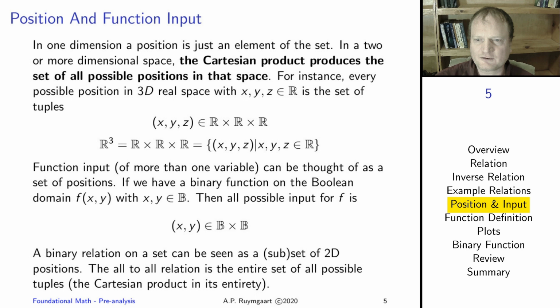For example, a two-dimensional or binary function on the Boolean domain, a function with two inputs, takes as input the set of ordered pairs that are elements of the Cartesian product of the Boolean domain. So the set of tuples (x, y), where both x and y are members of B. So a binary relation can be seen as a subset of 2D positions this way.